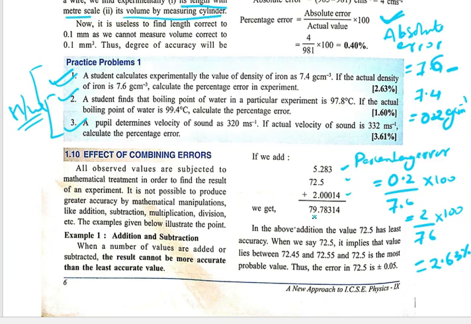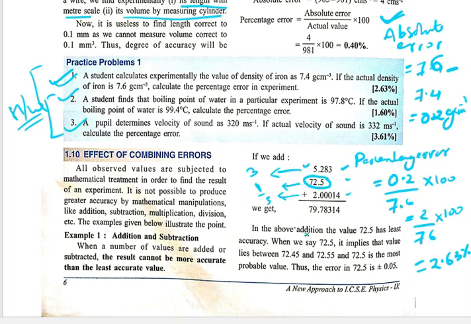In the above addition, the value 72.5 has the least accuracy. It has accuracy up to only 1 decimal place, whereas 5.283 has accuracy up to 3 decimal places, and 2.000014 has accuracy up to 6 decimal places. That means 72.5 has the least accuracy.